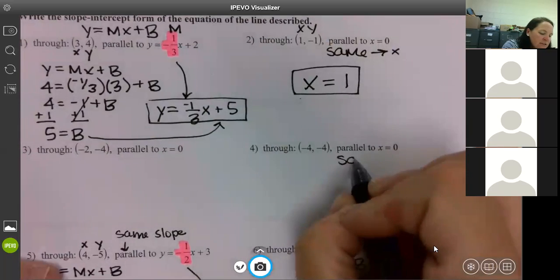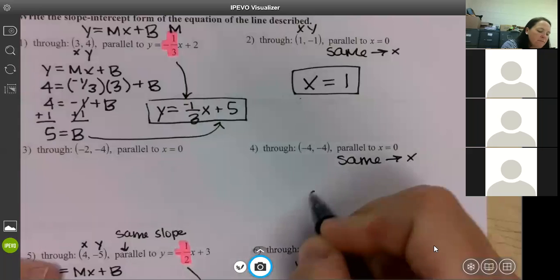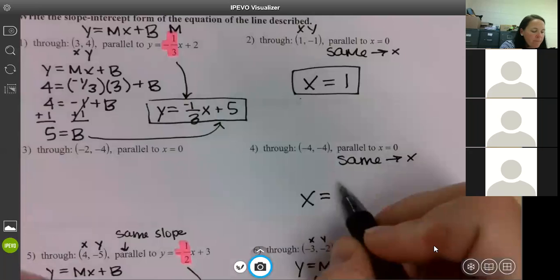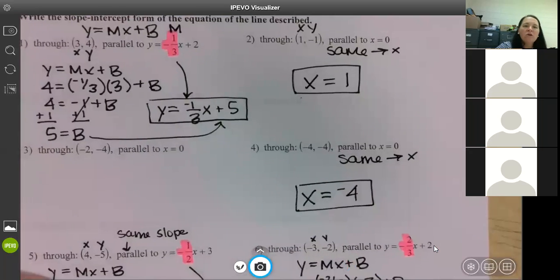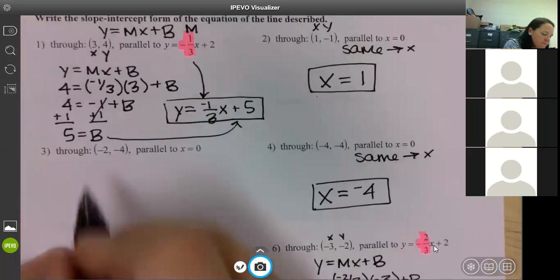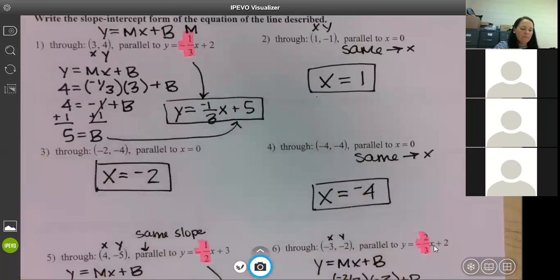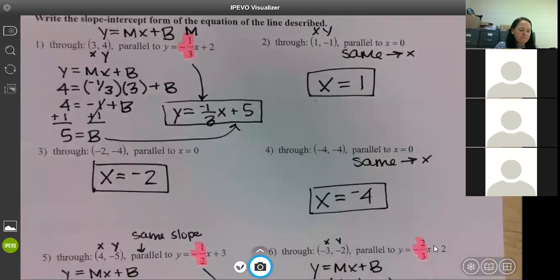So we're going to use the same, which means x. And then what does x equal? This one you really can't mess up. -4. That's your equation. So what would your equation be on number 3? The full equation. X equals -2. Perfect. That's all you got to do. That's it. All right, so we're going to move on.